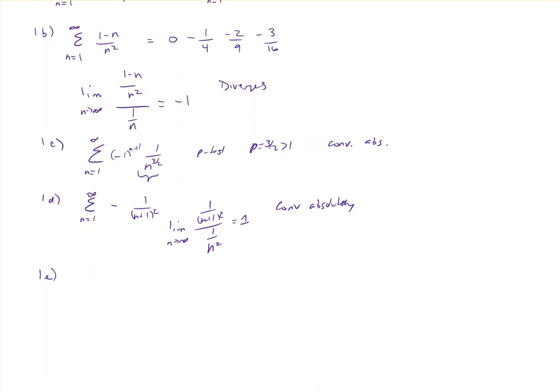Okay. 1e. I'll take a second just to rewrite this. Because you can take the negative 1 out, and the negative 1 doesn't make a difference for whether it's in the numerator or denominator. So what is this, folks?